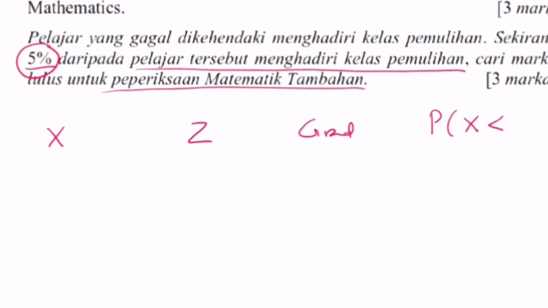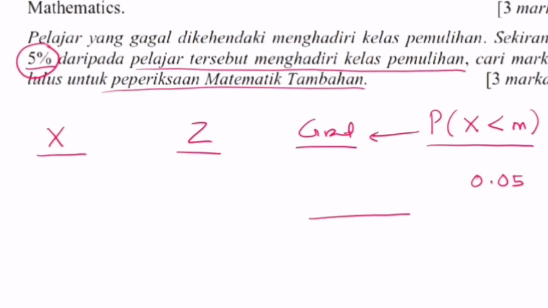Now we do the same thing, but our marks now is X less than M. So we have 4 items. We will start from the right hand side, which is probability. 5% converts to the decimal number. Now we move from the right to the left.